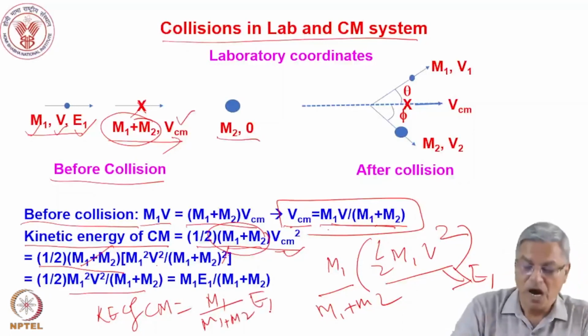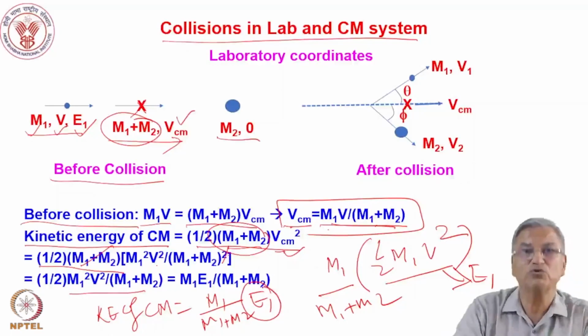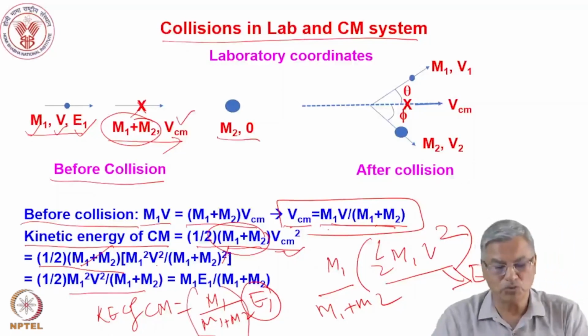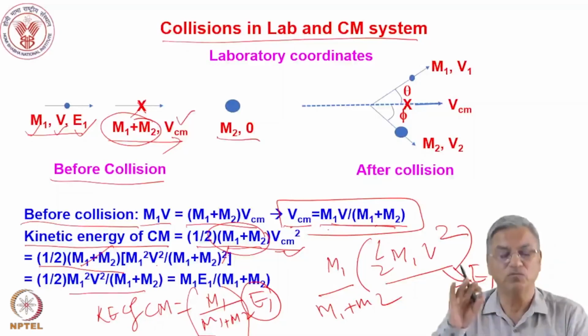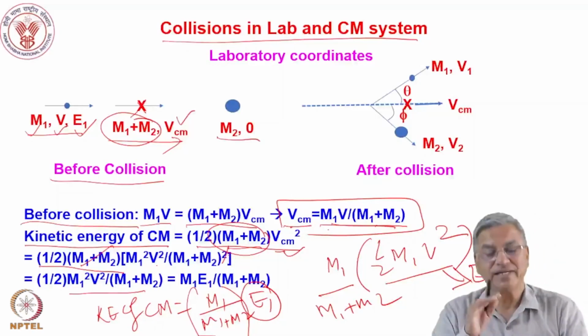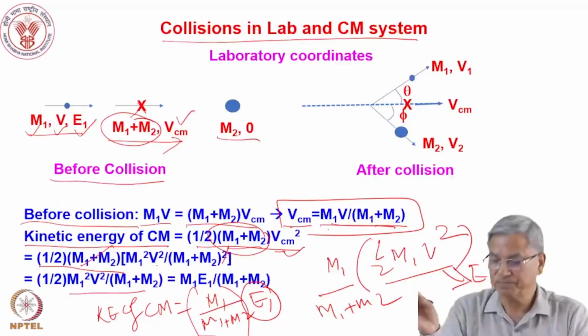That means out of the kinetic energy of the projectile, a fraction m1 upon (m1 plus m2) is involved with the motion of the center of mass. That is called the kinetic energy of center of mass.